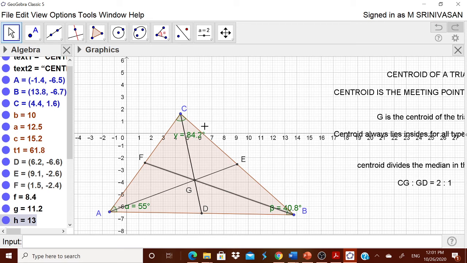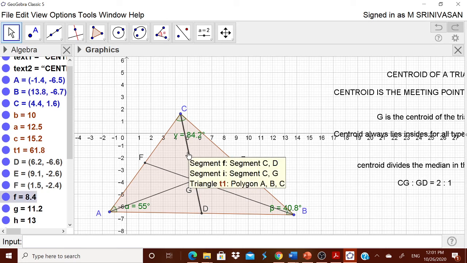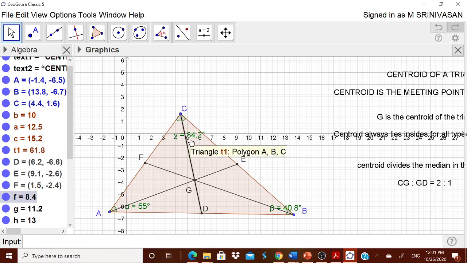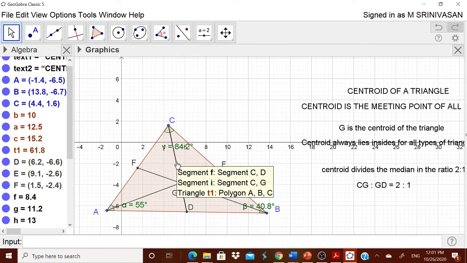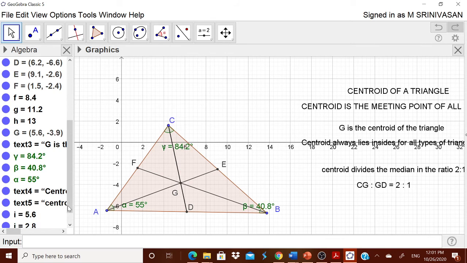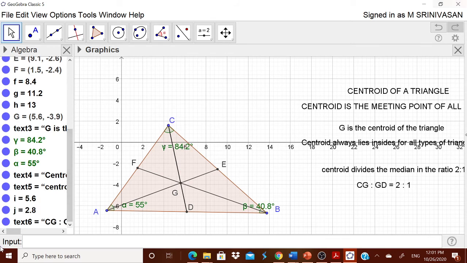Okay, now let me try to get this CG. Now this whole CD is being taken over here. Therefore, we have to take only that CG. What is that CG? We will just find out. Okay, segment CG is I over here, but it is 5.6.